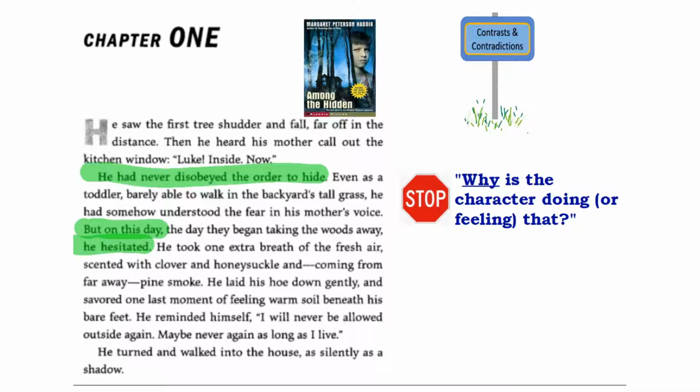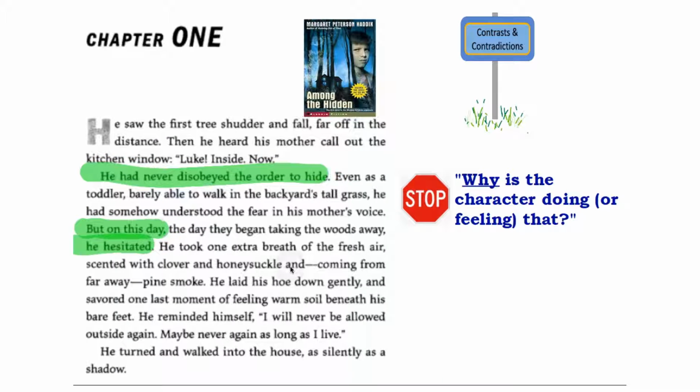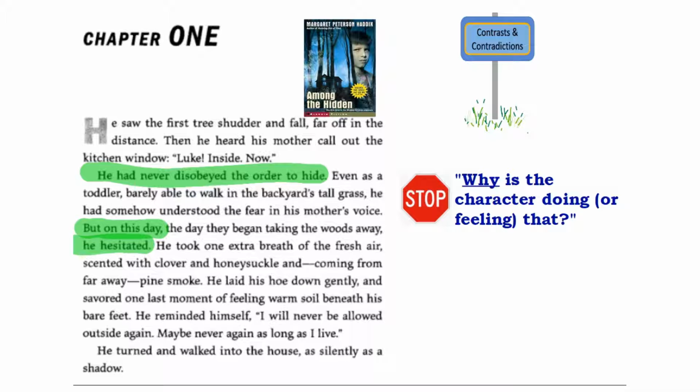Well, I think there's some answers that are provided a little bit in the text. One is, it's a super nice day outside. There's like fresh air that smells like honeysuckle and clover, right? He's savoring the feeling of warm soil beneath his bare feet. So he just wants to stay outside because it's nice.